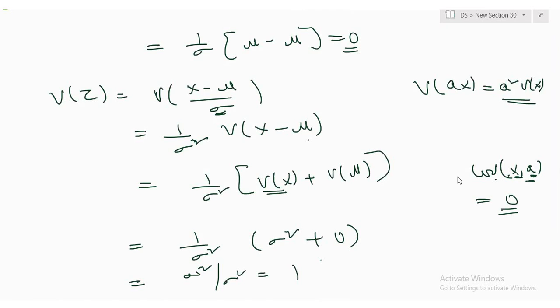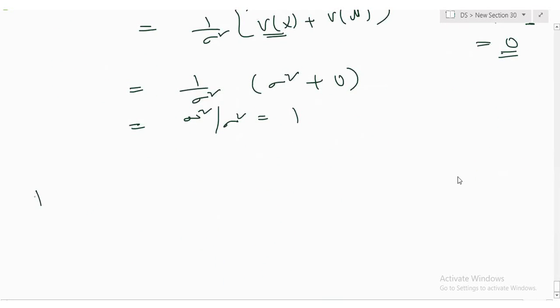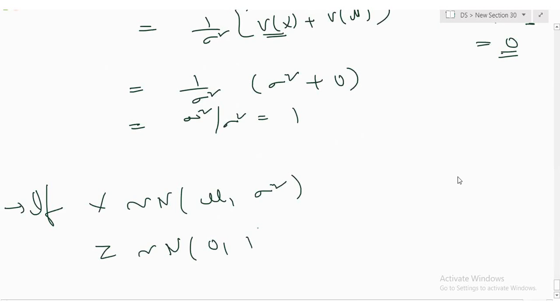All with me? So what I am writing is, now if x follows the normal, in simple notation, this is very, very important. If x follows the normal with some mean and variance, then z also follows the normal with 0 and 1.